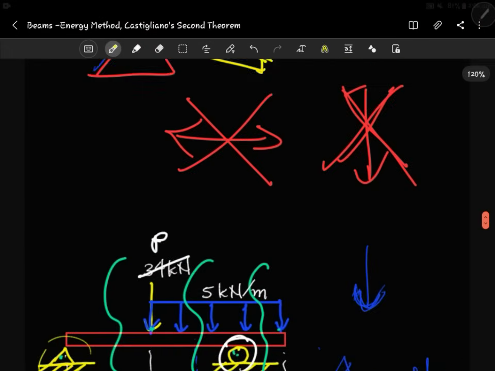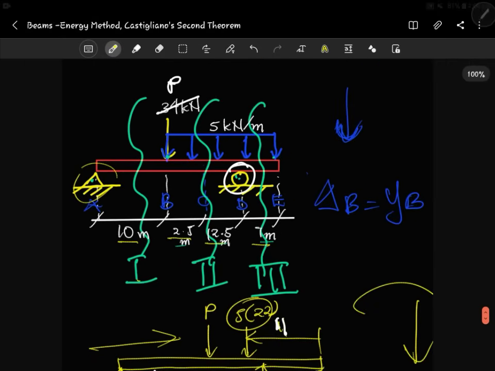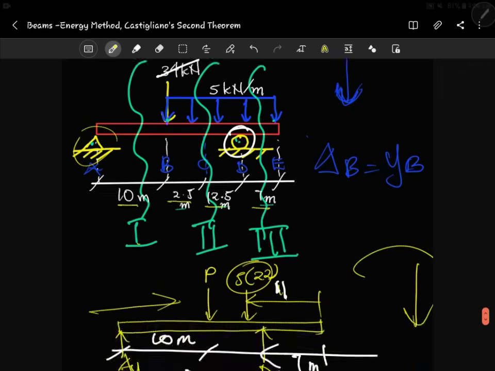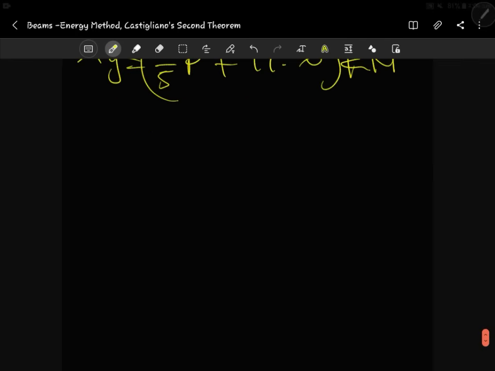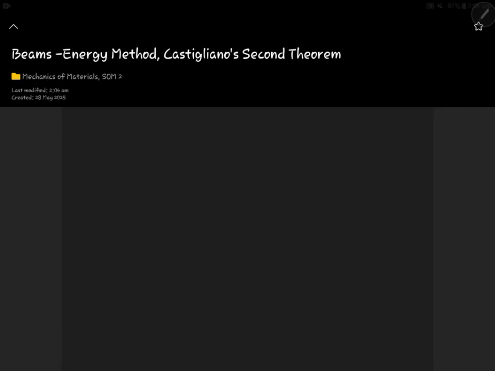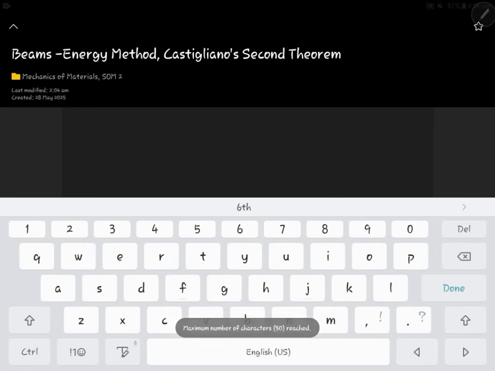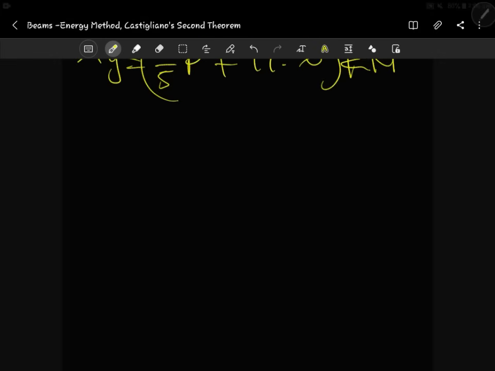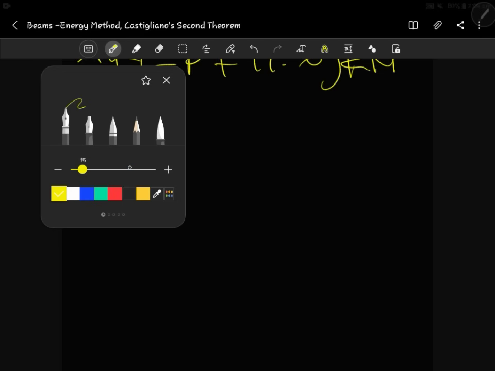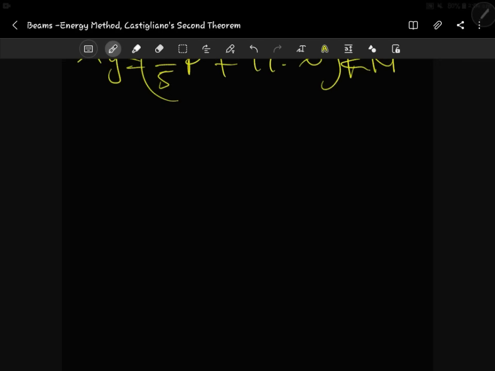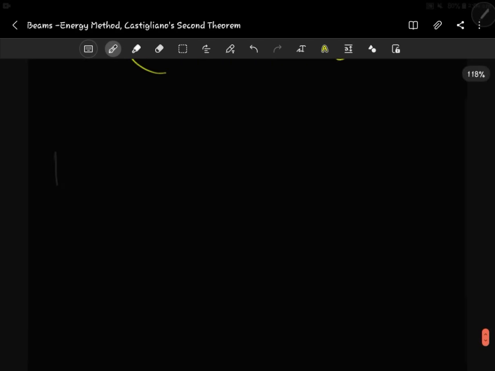Let's go back. Our free body diagram, the first section we have here, which we've seen already, right. So let's move on. Let's see how that will be. Okay, free body diagram 1. So that's how it is to be. Okay, so it's this way.